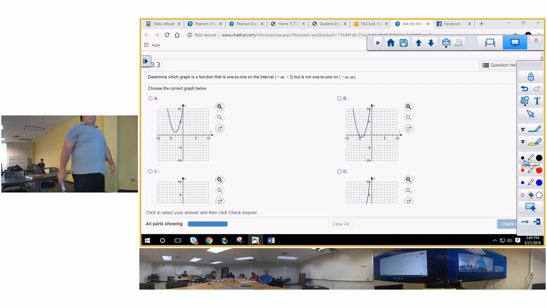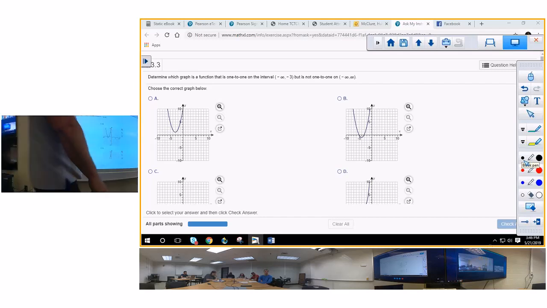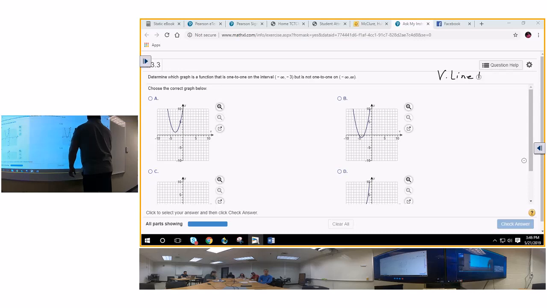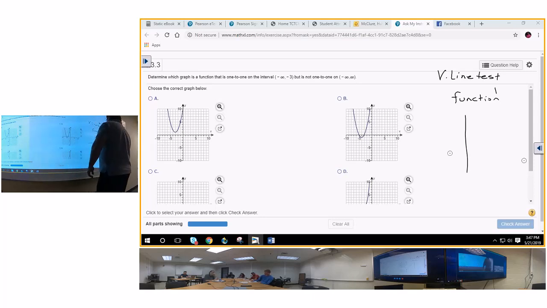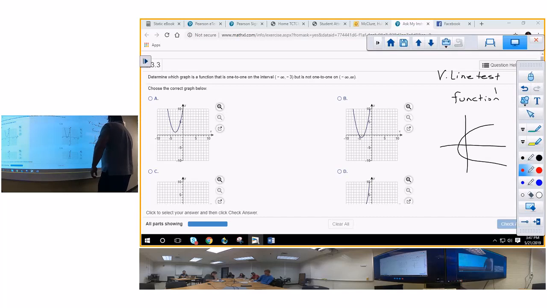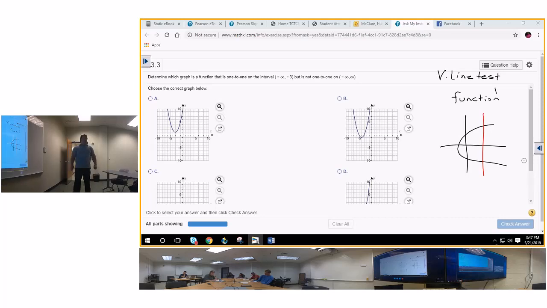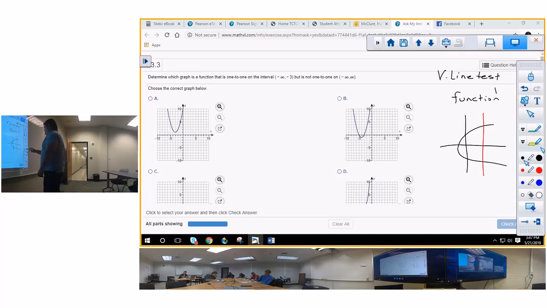You're supposed to say yes or no. The vertical line test tells if a function is a function. Y'all remember that? So if I have a hyperbola and I draw a vertical line through it, is a hyperbola a function? No. The horizontal line test tells if it's one-to-one.